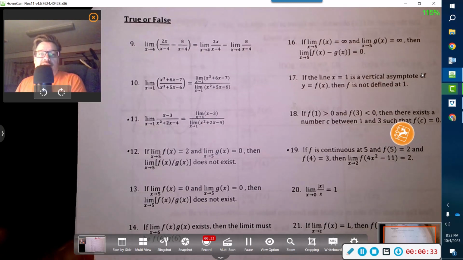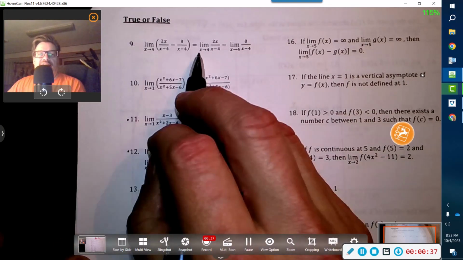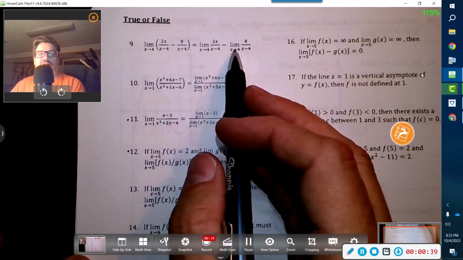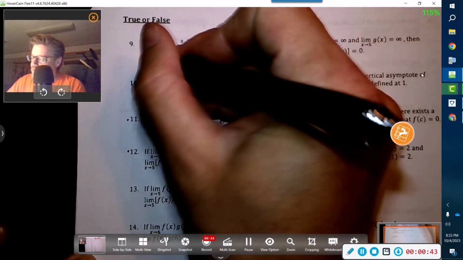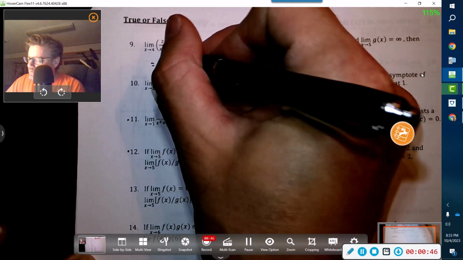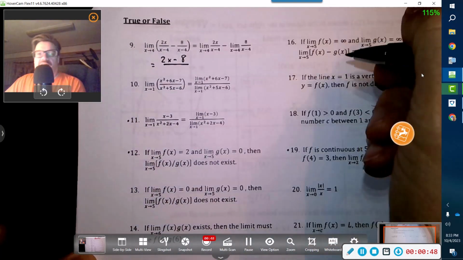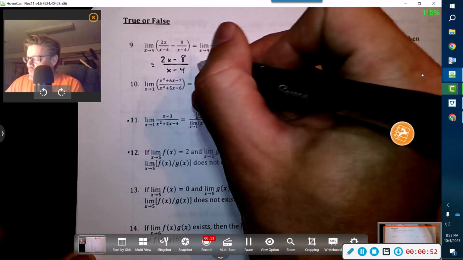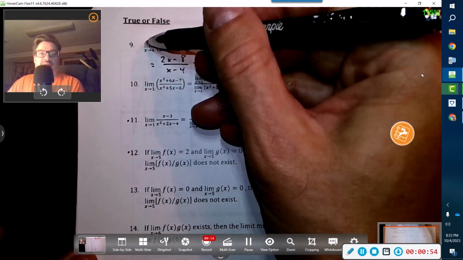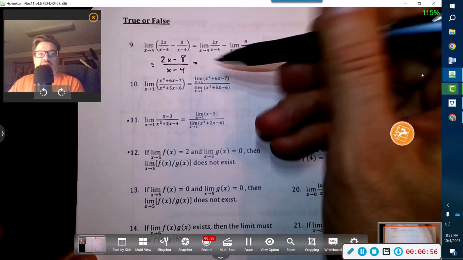All right, so true or false questions are so tricky. So let's see if this is the case. Could you just split those up? It looks like algebraically things should be fine. However, notice what happens when I do 2x minus 8 there at the top. Since they have a common denominator, the limit as x goes to 4 should follow me here.